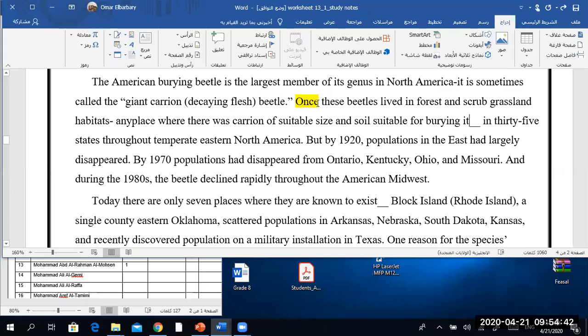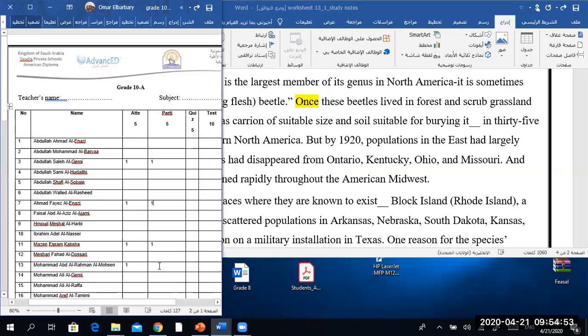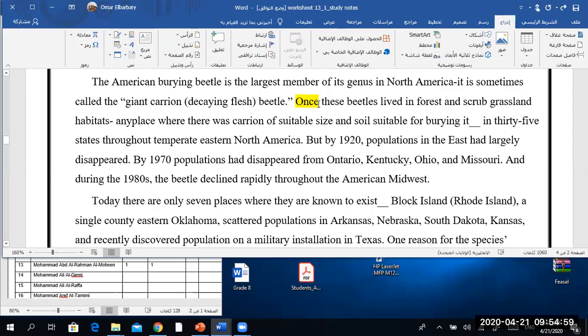Yeah, when they start to do this, or in this time? Not really, Mazen. Very good, but good guessing anyway. Muhammad Al-Muhsin, what do you think? What does the word once here signal? Let me give you this example, Muhammad Al-Muhsin.